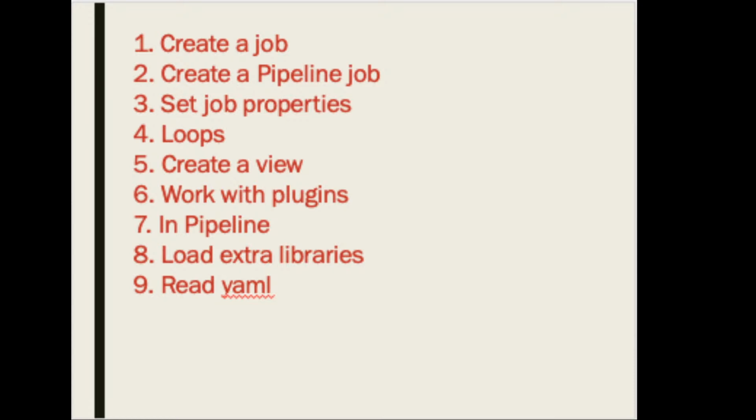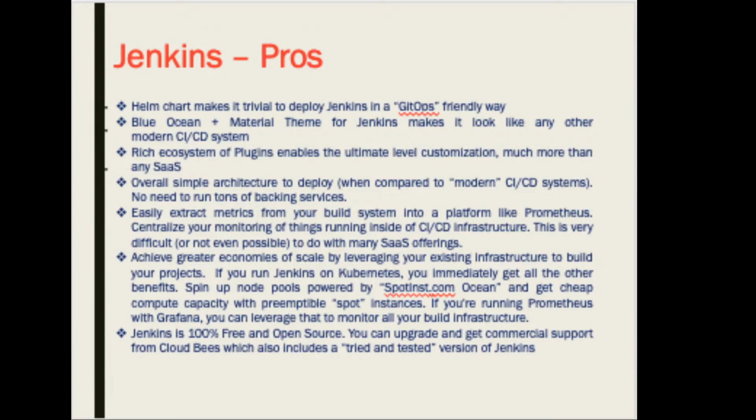Then you go for setting the properties for the individual jobs. Some of the jobs might have loops or iterations to run on. Look at that. Then you probably need to look at creating views. Then how you can work with the different plugins. Then you will look at the pipeline.